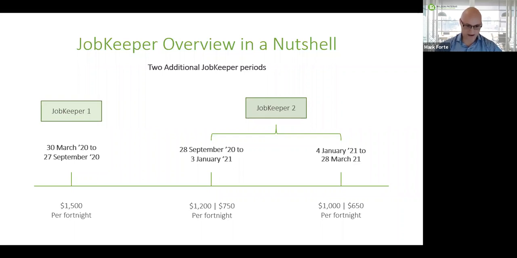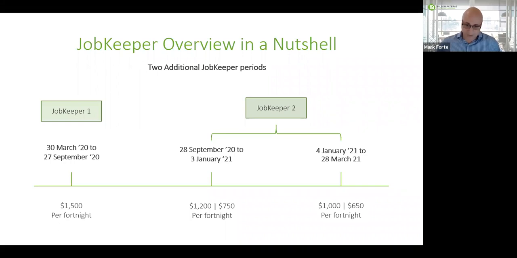Just a bit of an interesting fact: if an employer was enrolled in JobKeeper right through the whole 12 months, from the 30th of March 2020 to the 28th of March 2021, a full-time employee entitled to JobKeeper would be paid $33,900 in JobKeeper payments.